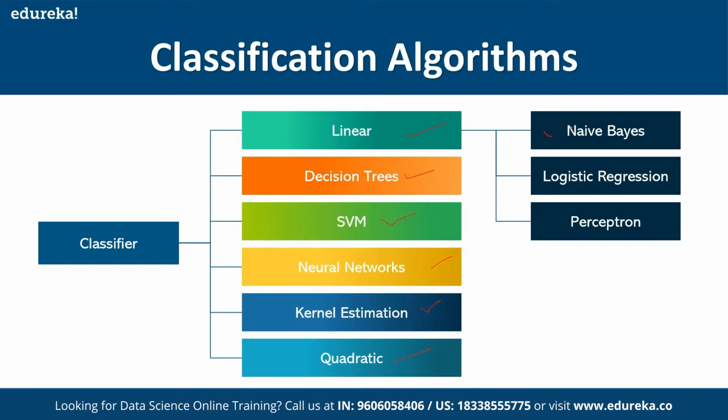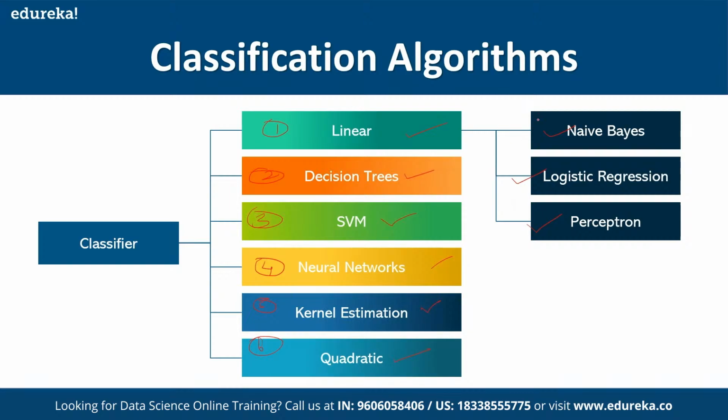In linear, again you have Naive Bayes, logistic, and perceptrons. How many of you are understanding? These are different algorithms which I can choose to train the model to predict which categories the input data belongs to.